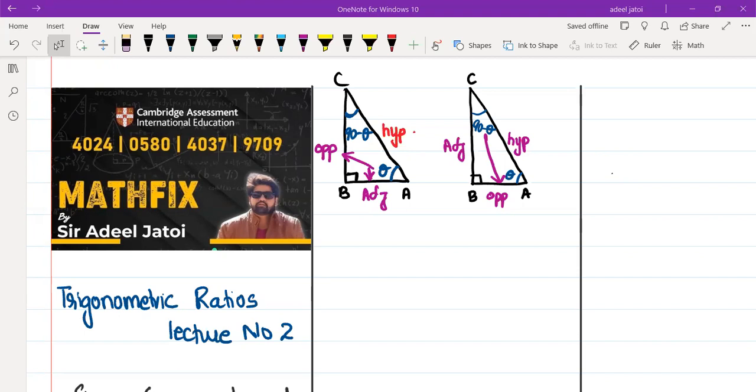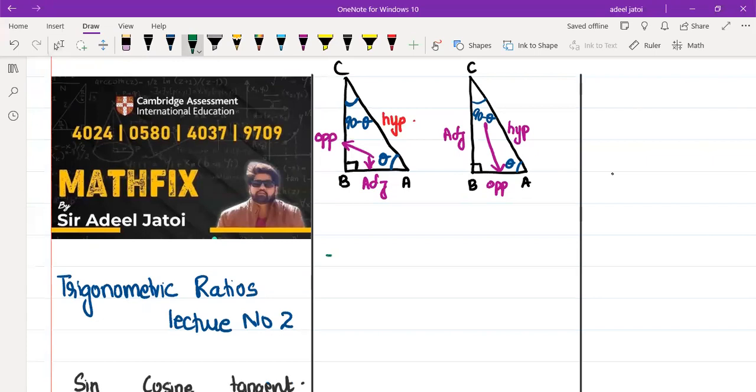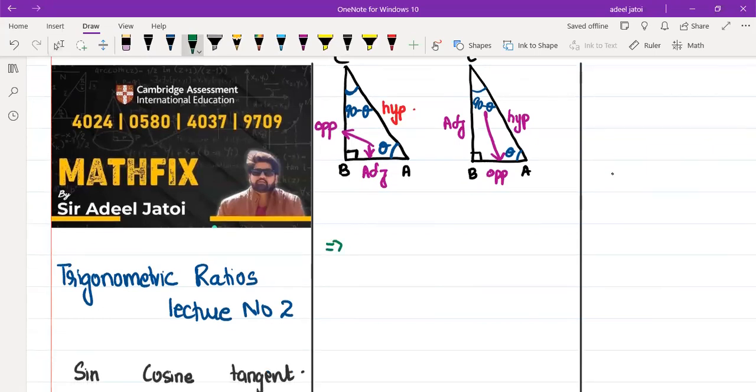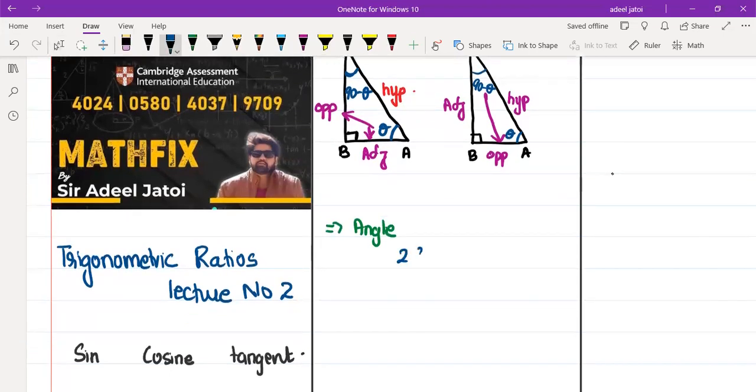Now, what will these ratios find for us? The trigonometric ratios will find us an angle. For an angle, two sides will be given.